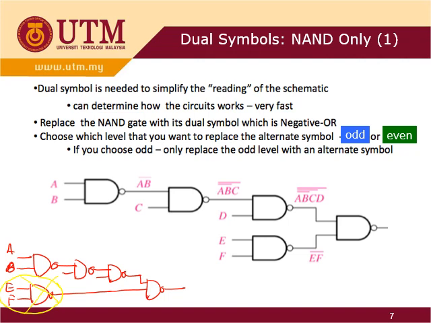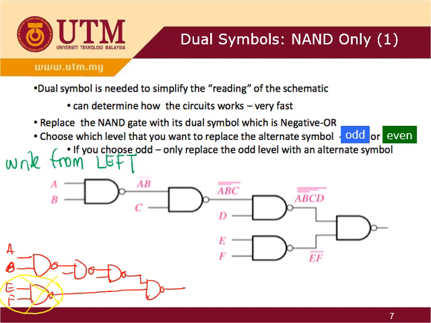as a computer scientist, as an electrical engineer, you don't draw it this way. How do you actually draw it? If we try to get the mathematical equation, the Boolean expression, we write from the left.